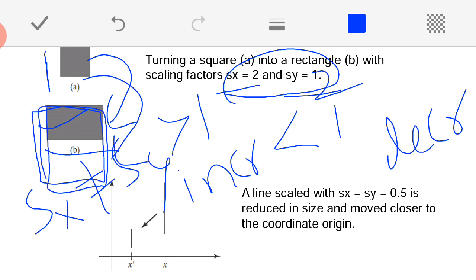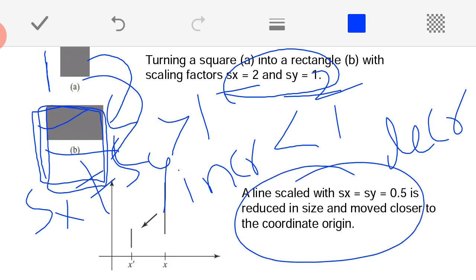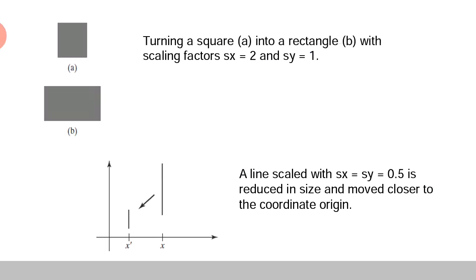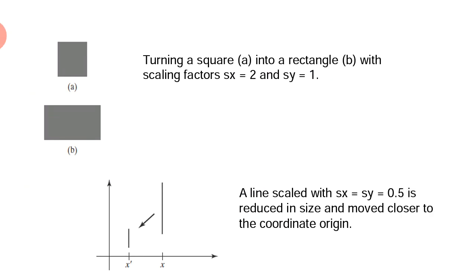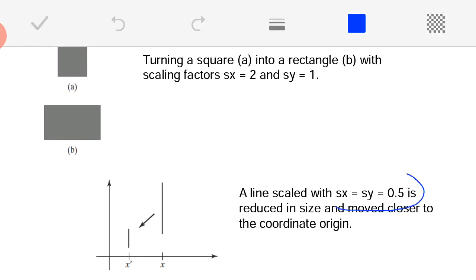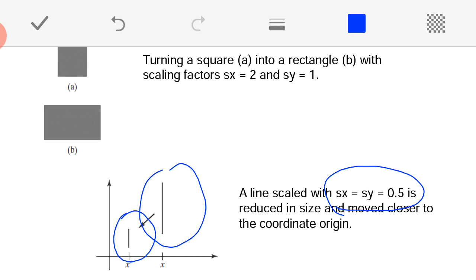Is it clear? The same thing happens here also. We are changing the size. So, Sx is equal to Sy is equal to 0.5. It means that if this is my original line, I have made it half of that line. So, proportionally it has reduced the size.